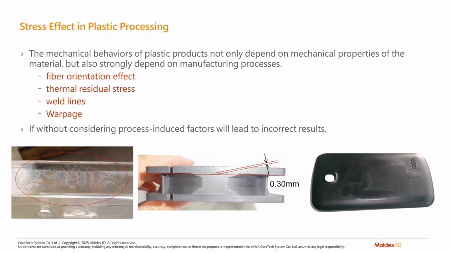These include flow-induced residual stress, such as fiber orientation effect or molecule orientation effect, thermal residual stress, weld lines, warpage, and so on. Stress analysis on plastic products without considering process-induced factors will lead to incorrect results.